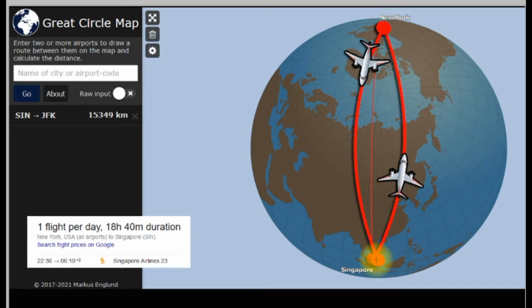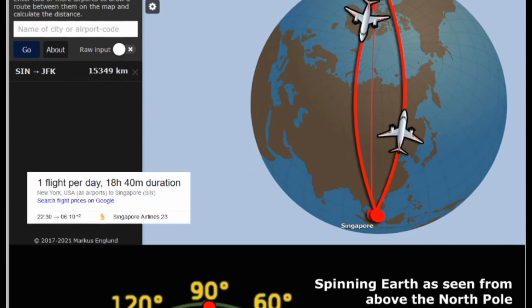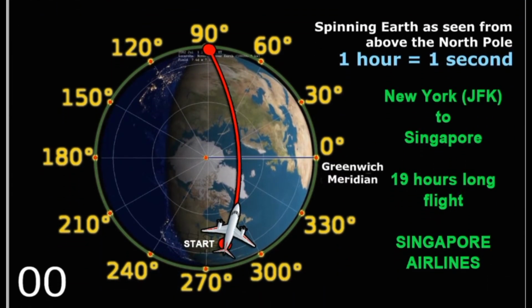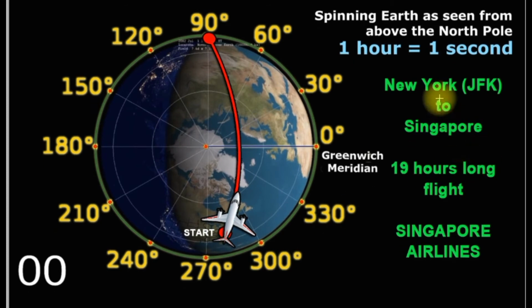And the funny thing is, when going from Singapore to New York, this flight flies west of the North Pole, and when coming back from New York to Singapore, it flies east of the North Pole. The reason is because there is a jet stream right here. And let's look now at the flight going from New York to Singapore.